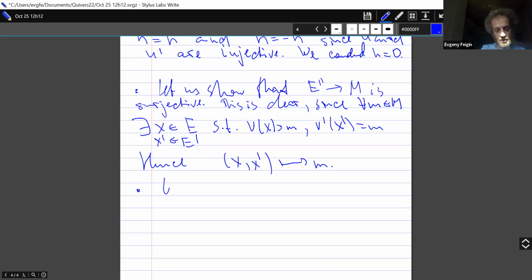So now let us show that the composition V double prime, U double prime is 0. So why is that?